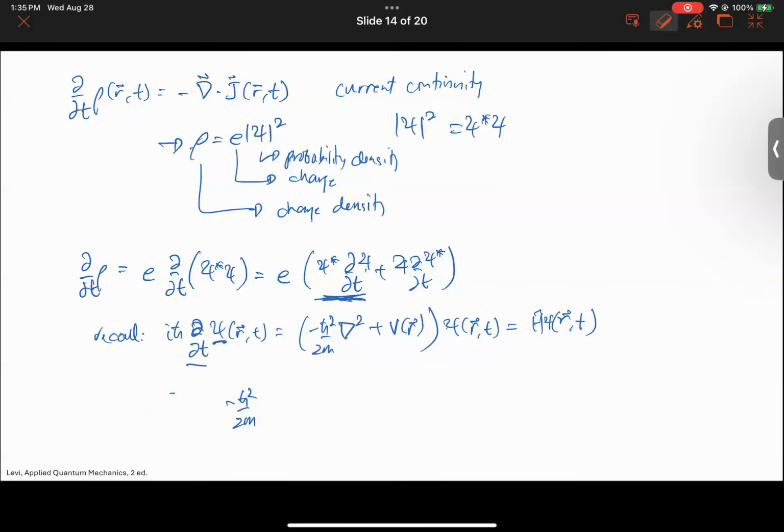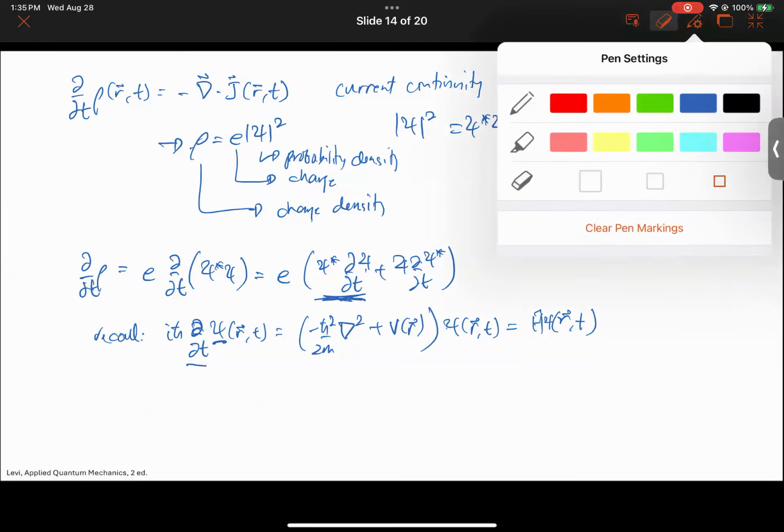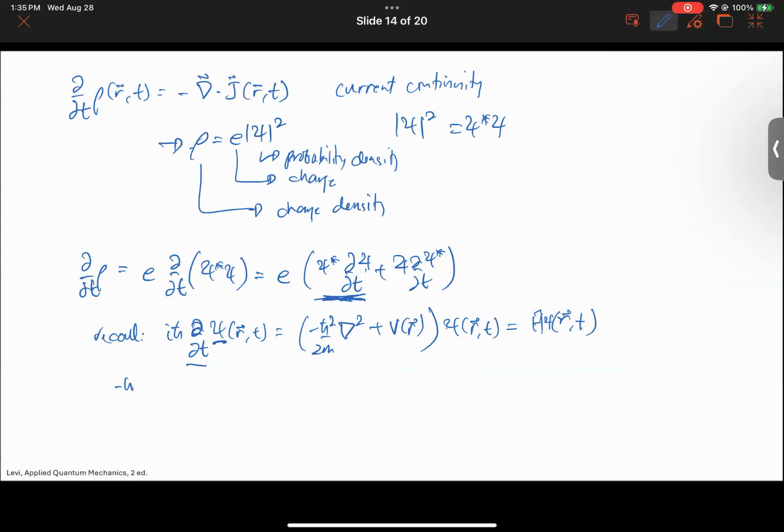Gusto ko lang mag-conserve ng space para masulat ko yung dalawang expressions.